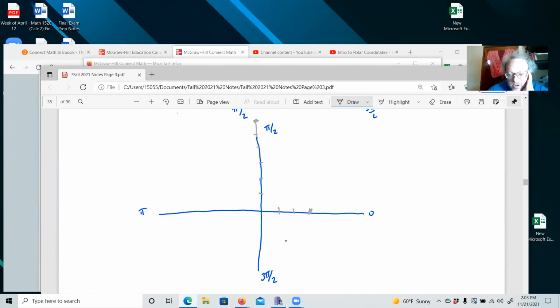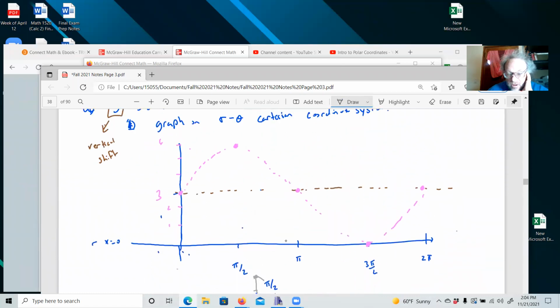So r goes from 3 up to 6. Each of these values is getting a little bit bigger, a little bit longer, all the way up to 6. So that's our quadrant 1 occurrences.